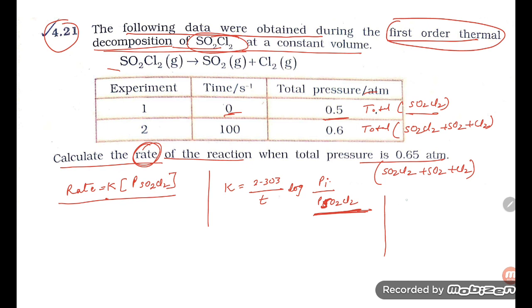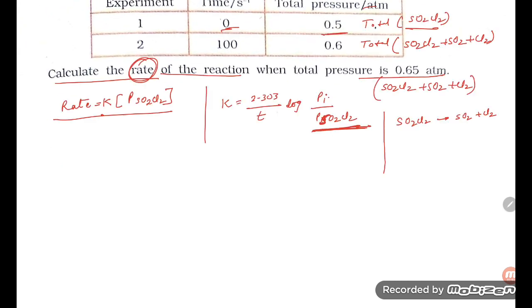Here we have the equation, students: SO2Cl2 giving SO2 plus Cl2. Now students, you see what the values are. Suppose the initial is 0.5, as they have given, so it is 0 and 0 for the products.